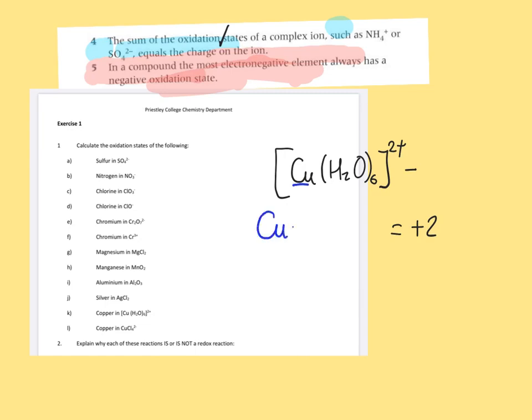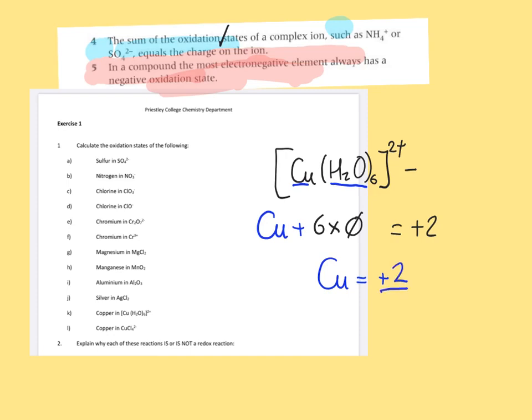Without working out the oxidation states of all the elements, we know that water molecules have 0 charge. So there are 6 water molecules with 0 charge. 6 times 0 is a big fat 0, and therefore copper has an oxidation state of +2.